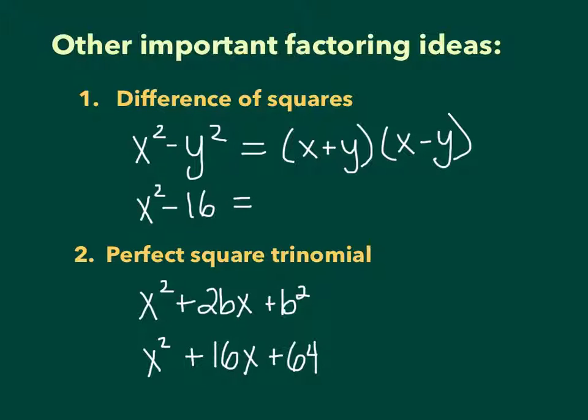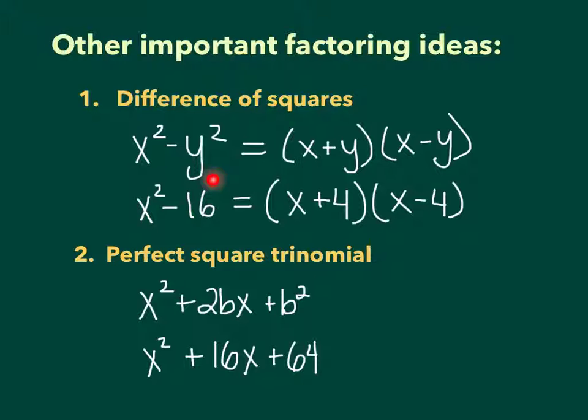So for example, if we had x squared minus 16, that would factor into x plus 4 times x minus 4. We take the square root of both of these 2 numbers and put them in their own set of parentheses on the other side.